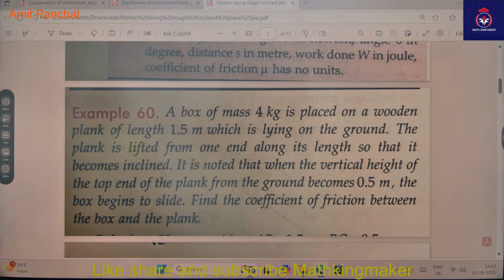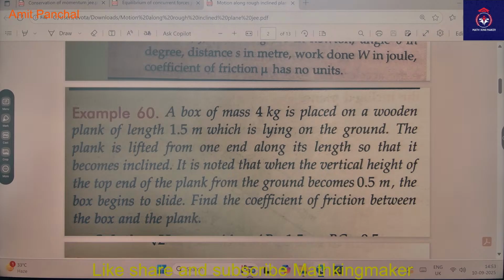Yes. The coefficient of friction is mu, right?